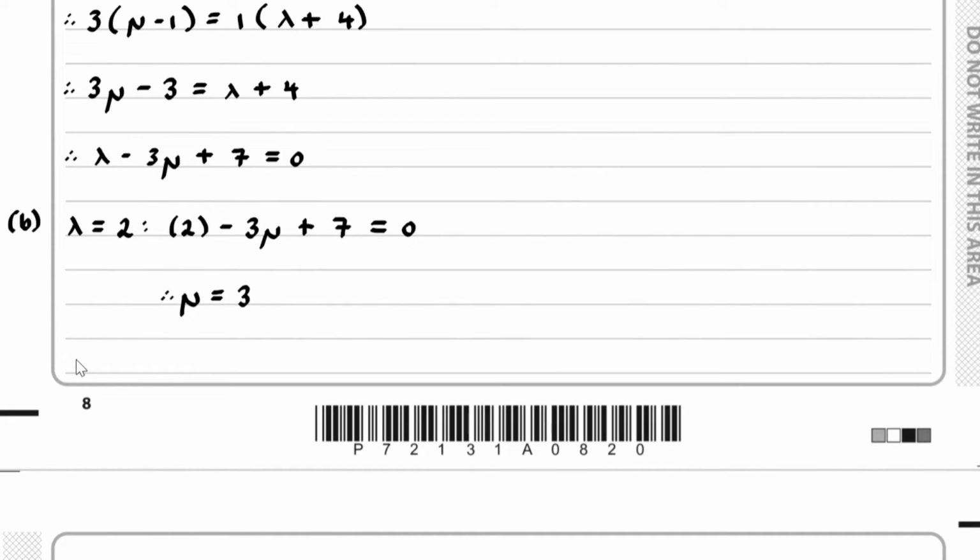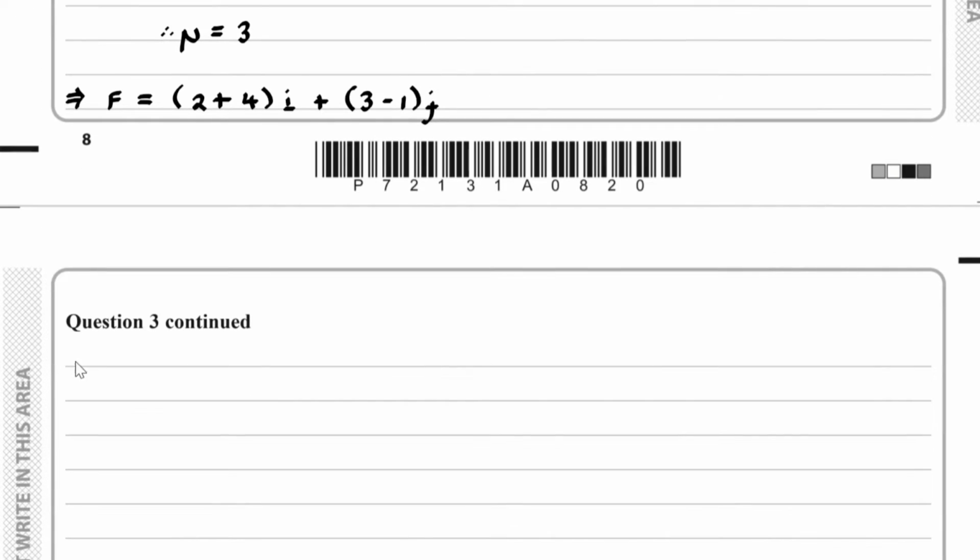So, with mu equaling 3, this would imply F is equal to (lambda plus 4)i, so that will be 2 plus 4 i, plus (3 minus 1)j.